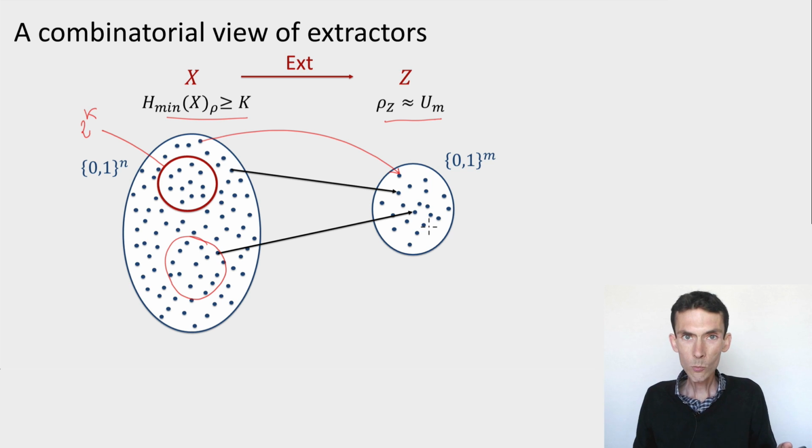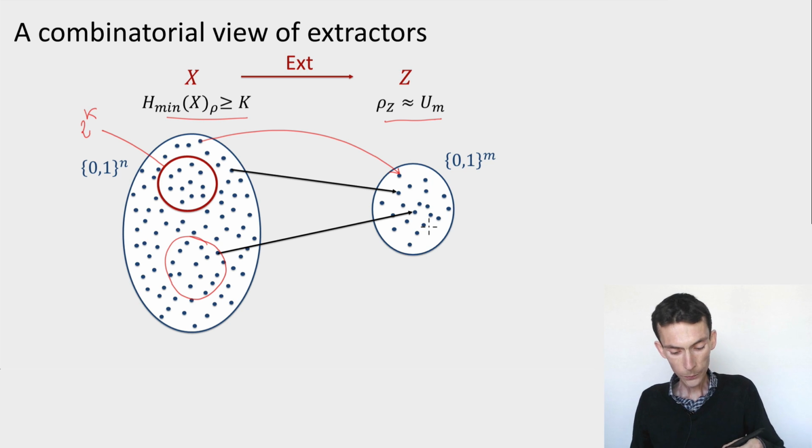Now you can see once more why we're not going to be able to construct deterministic extractors, because whatever my extractor is, this input set is bigger than the output set, so I need to have a bunch of arrows that point to the same dot in the output. Let's say this one over there. So let's say maybe this point is also mapped here, and then this point is also mapped here, and then this point is also mapped here.